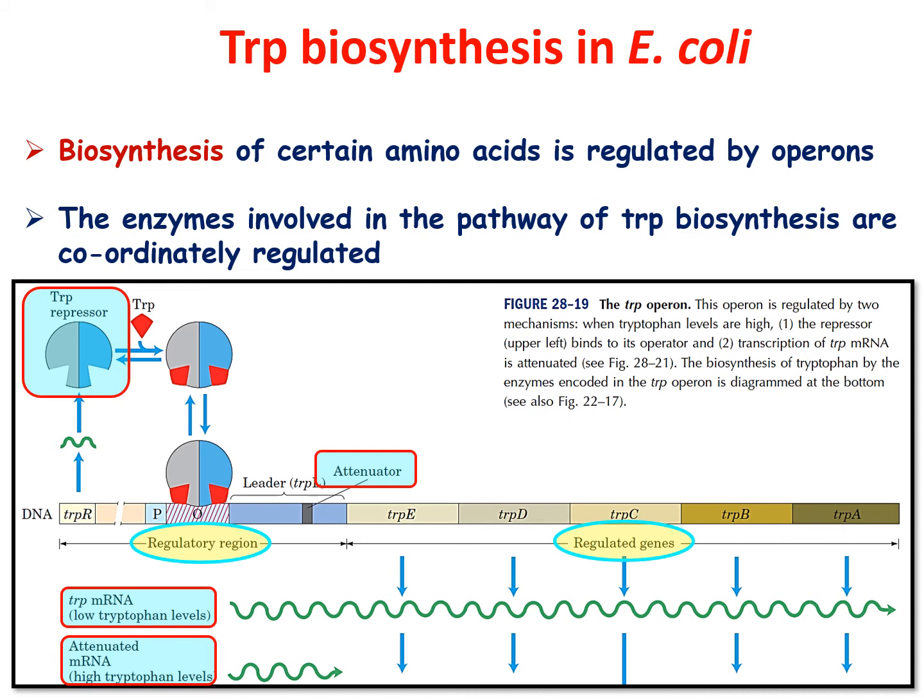If the end product is not required, none of the enzymes will be required. So the cell saves the energy of regulating all the enzymes of that particular pathway by different methods. They will be simultaneously regulated, either turned on or turned off, because they are either required together or not required at all.